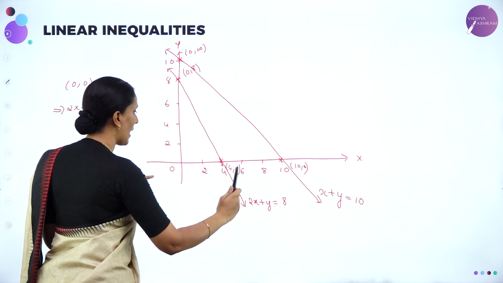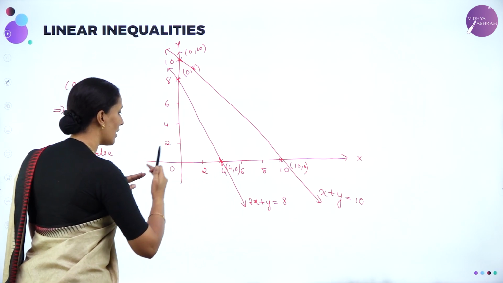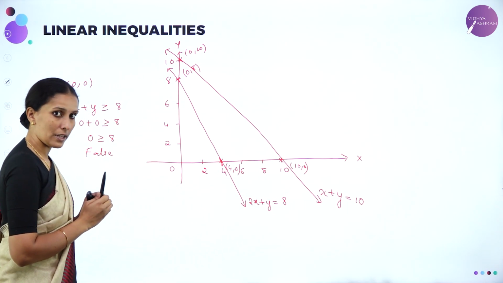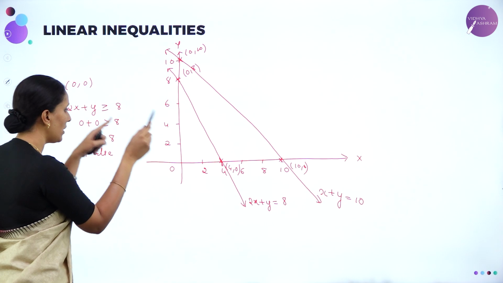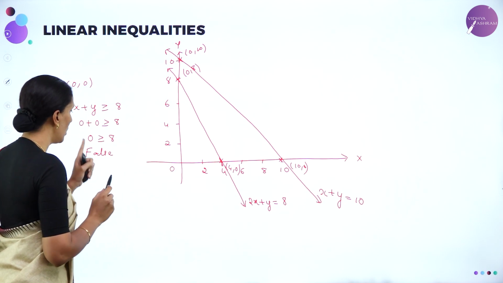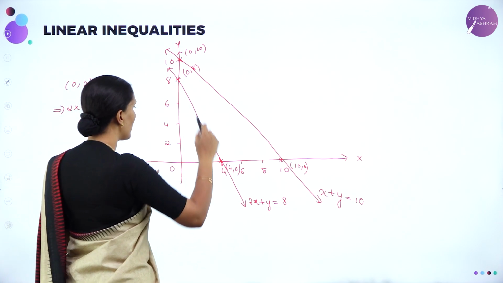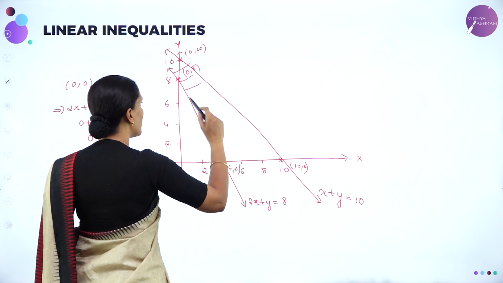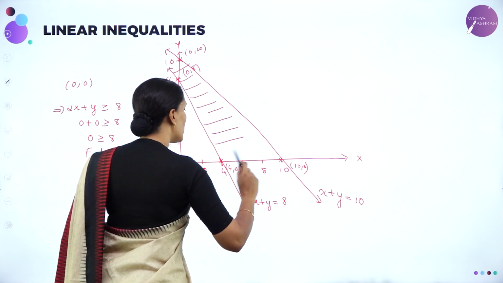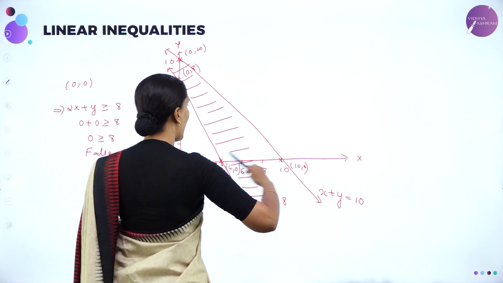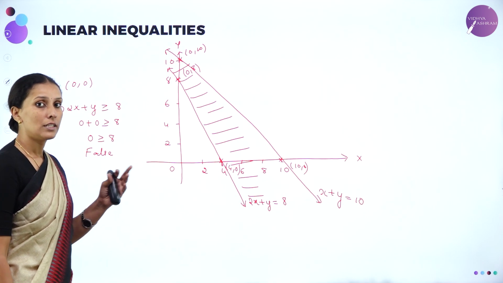So that means this is the region. If you observe this line, this is the boundary. So this is the region which contains 0 and this is the region which does not contain 0. Now I have taken a point from this region which is giving us the false result. So for this line, I need to shade the region opposite to the region containing 0. So that means this entire region will fall in the solution.